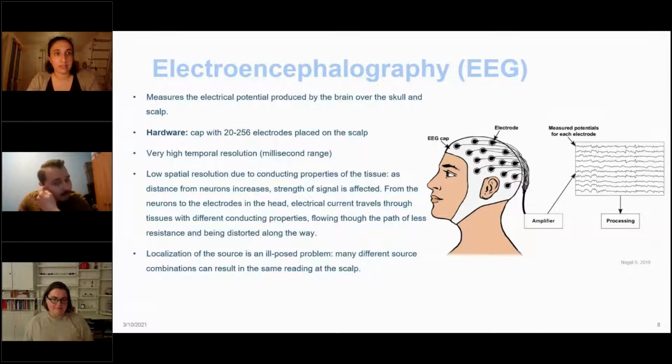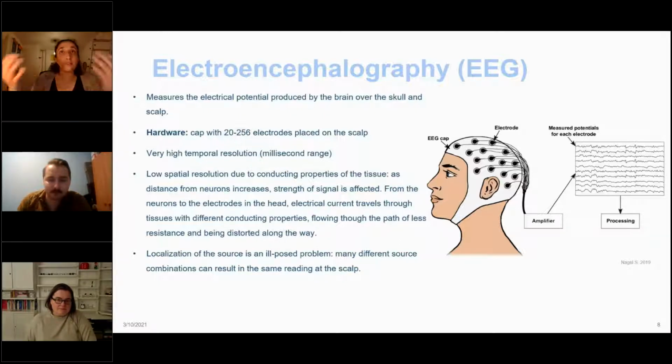And our first technique is electroencephalography, or EEG, which measures the electrical potential produced by the brain over the skull and the scalp. So basically, if you have ever participated in an EEG study or you are going to, I'm gonna encourage you to do so.